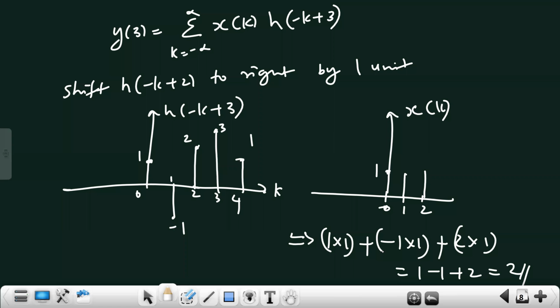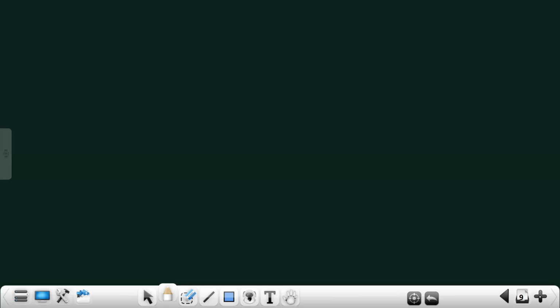Similarly, you find y of 4, y of 5. So y of 4 is equal to sum over k from minus infinity to infinity of x of k into h of 4 minus k.